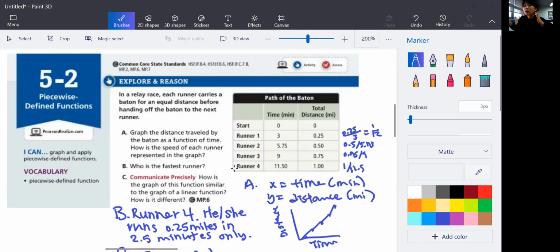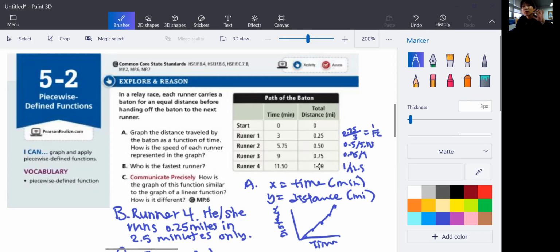They're all going to run a quarter mile, but their speed is different, right? Every person has a different speed. So runner 2 runs the quarter mile in the next 2.75 minutes, a little bit faster than runner 1. The total minutes for runners 1 and 2 is 5.75 minutes. And so on.